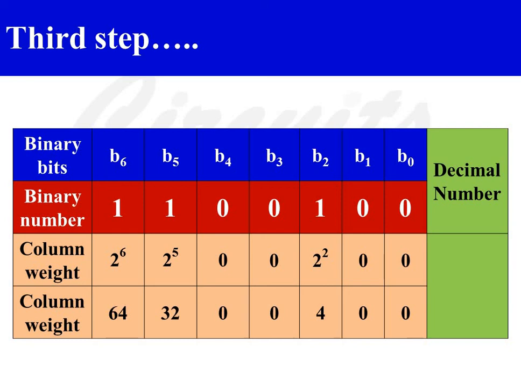As the next step, find the sum of elements in the fourth row. So we will get 64 plus 32 plus 4, that is equal to 100.